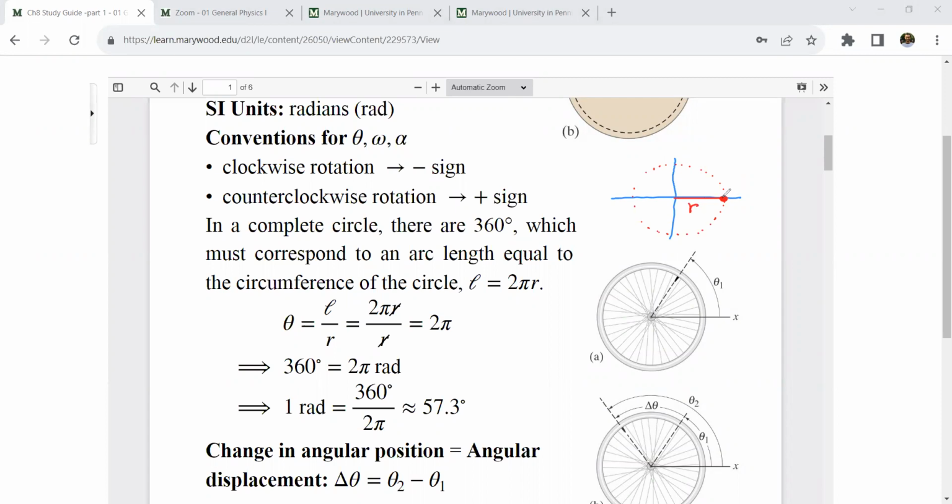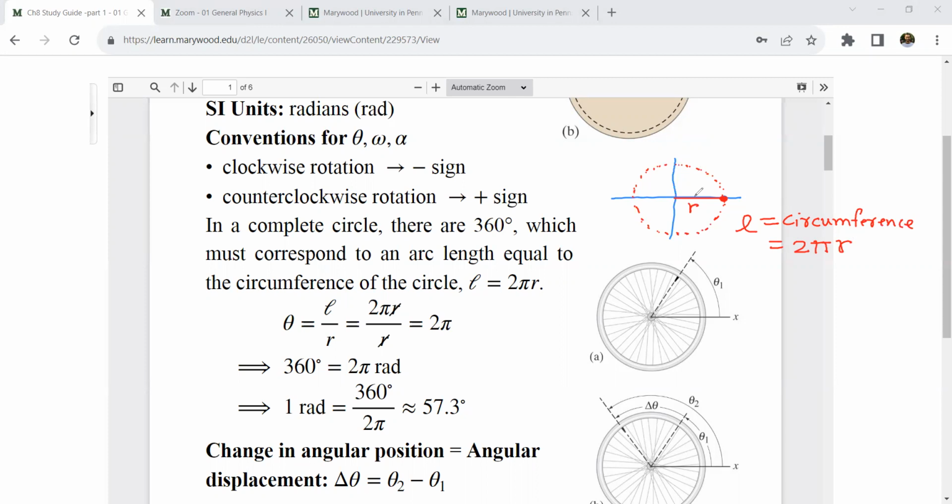When it travels the whole circle, the linear displacement L is the circumference or perimeter, and that is equal to 2 pi times the radius, right?